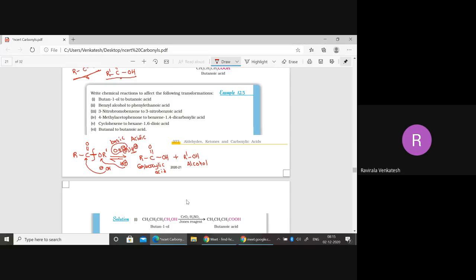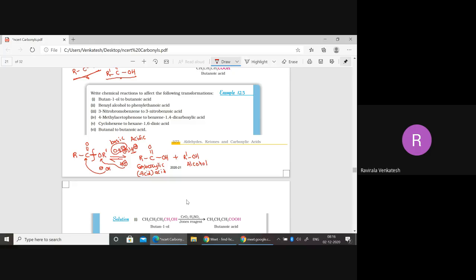When you are adding base, which compound do you get as a product here in this reaction? Carboxylic acid. You are getting acid.